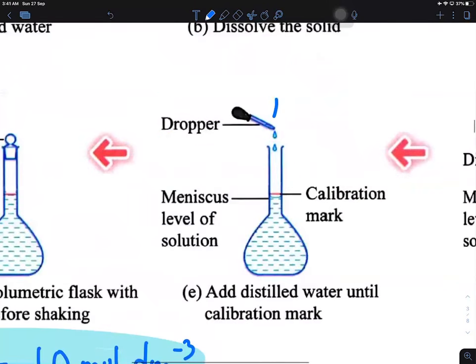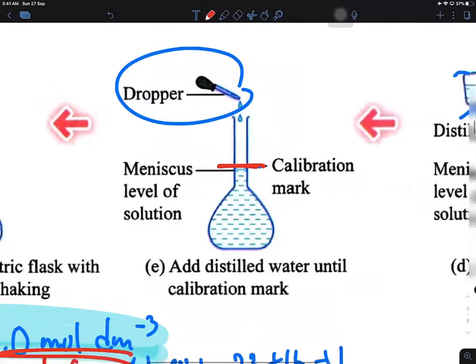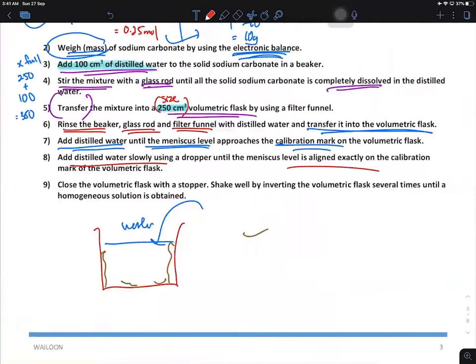You're going to change it to a dropper, and you add drop by drop until the meniscus level is exactly aligned on the calibration mark. So you see, add distilled water slowly until it is aligned.